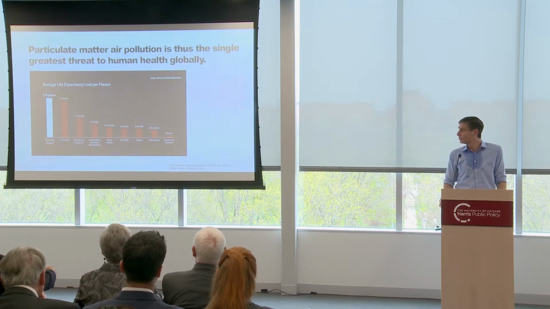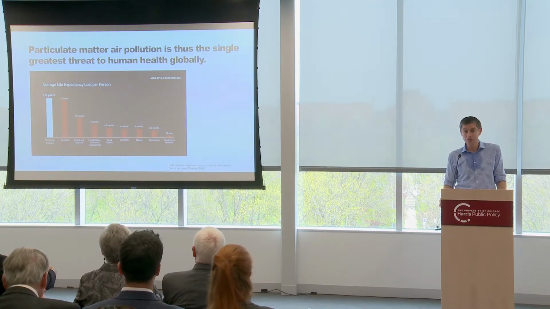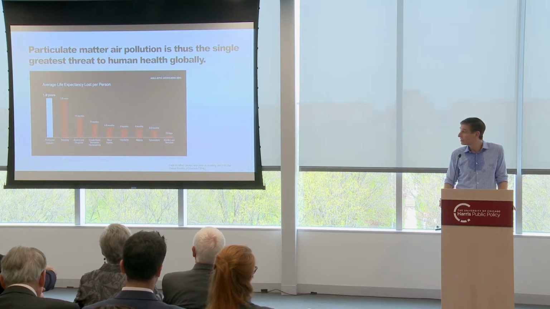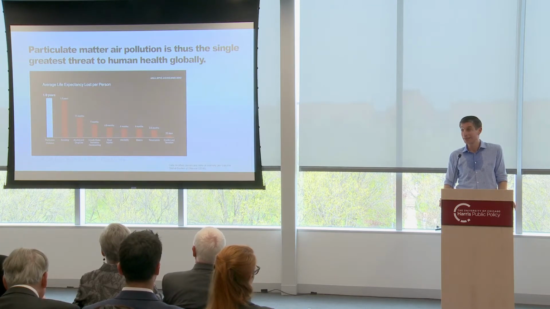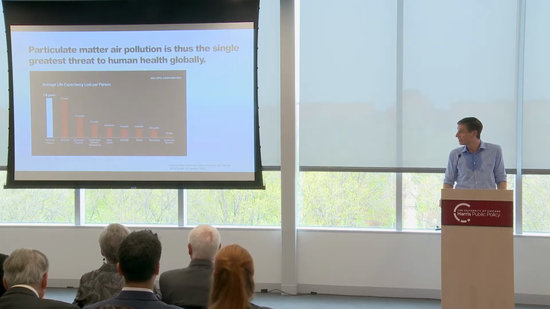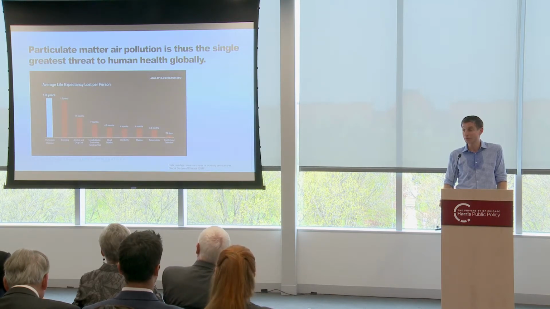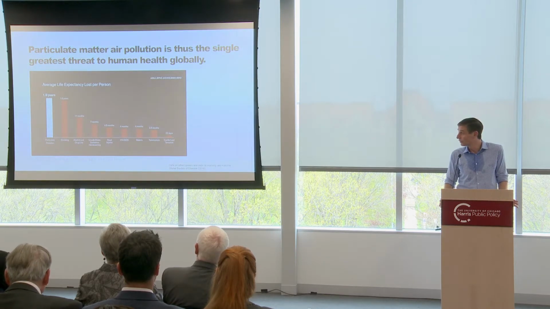And when you put it all together, what's really striking is that air pollution is, I think, the greatest external risk to human health on the planet. And so here we've just made a graph that compares the impact of exposure to particulates air pollution to other things.